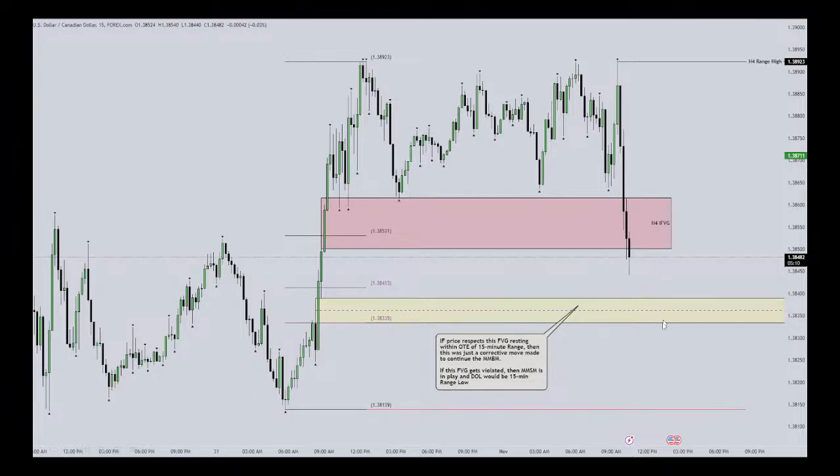But if it consolidates a little bit in this range and respects it, then this entire move right here is only a corrective pullback for price to keep going higher, because ultimately we are targeting the weekly range high, which I will get to in just a second. So we wanted to see how price reacts at this level. Is it going to violate it, or is it going to respect it and continue going higher?